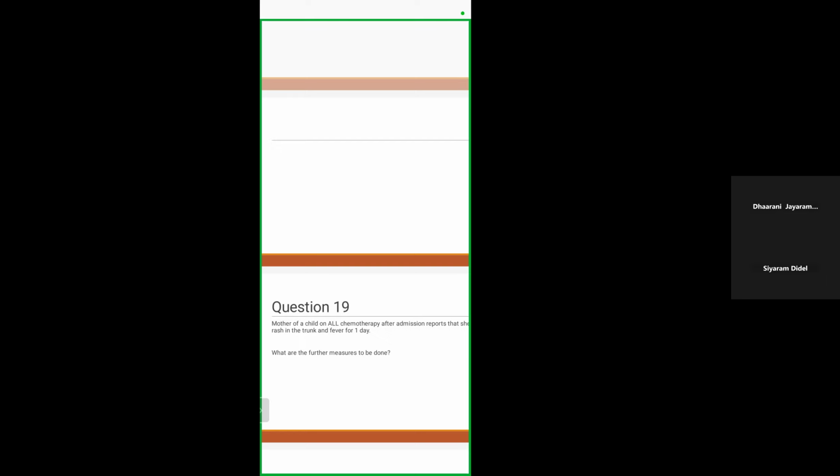So we have to isolate this current patient, and that child has to be started on acyclovir prophylaxis. All the other patients in the ward who have received chemotherapy are supposed to be started on acyclovir prophylaxis for 1 week.